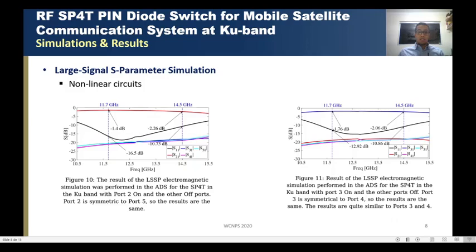And at the left side we have port 2 conducting in on state, and all the other ports in off state, and the port 3 in on state, and all the other ports in off state at the right side. So both of them are quite similar and present an insertion loss better than 2.3 dB.